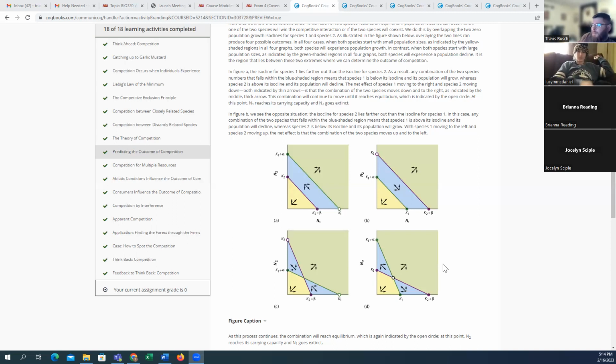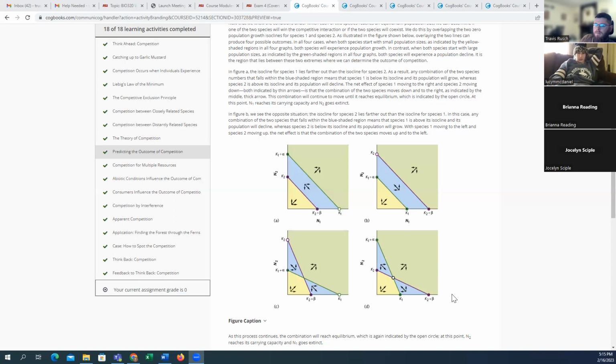Yeah, it has to be where they intersect, but like you're saying, as a bow tie, it could be dragged to the left or to the right, depending on how those species interact with their environment. It does have to be below both carrying capacities to be at equilibrium. Because when we think about competition, if one species is at its carrying capacity, what does that mean for resources?